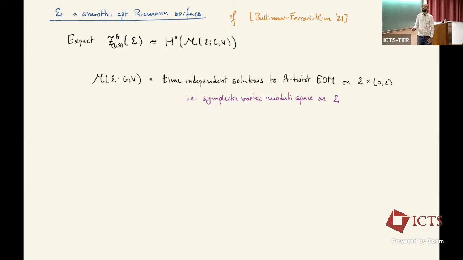And the thing one expects to take cohomology of is a space of solutions to equations of motion. And here it's equations of motion on sigma times a slightly thickened version of sigma. This is the way the TQFT game always works. So it's sigma times a tiny time interval.